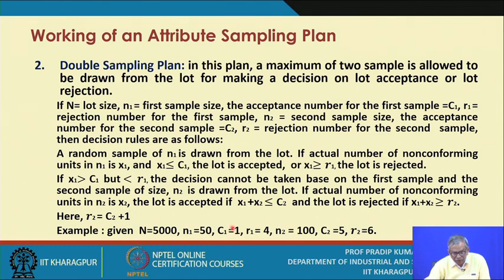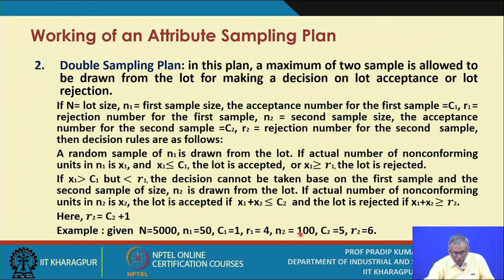If the number of non-conforming units in the first sample is greater than or equal to 4, then you are going to reject the lot. Supposing the number of non-conforming units in the first sample is either 2 or 3, then obviously you cannot take a decision. So you have to draw the second sample. Suppose the second sample size is 100.